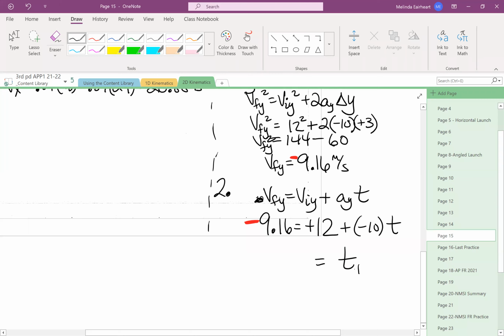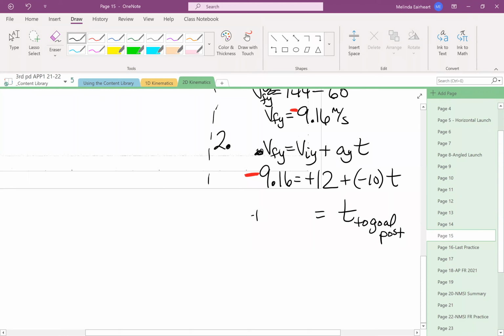So this is the time to the goalpost. It's not a total time back to the ground. It's not time up. It's time to the goalpost. And so negative 9.16 minus 12, so we're adding those two negatives, and then divide by 10, what do we get for the time? 2.11, and notice that's less than 2.4, so that makes sense, right?